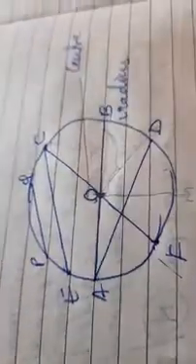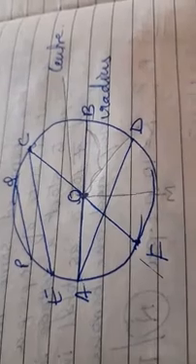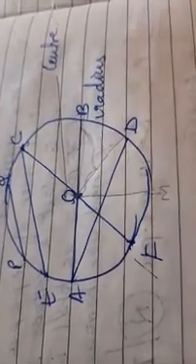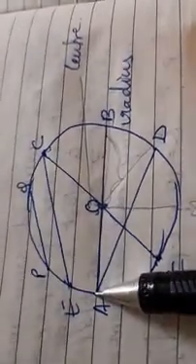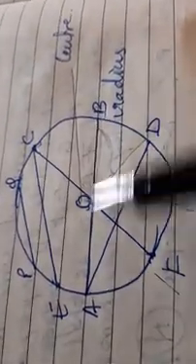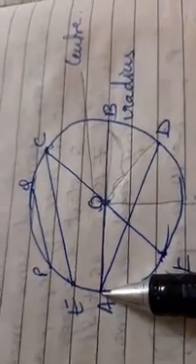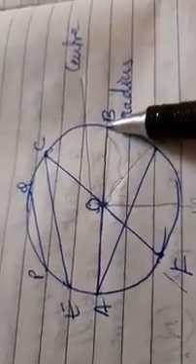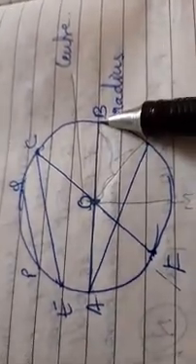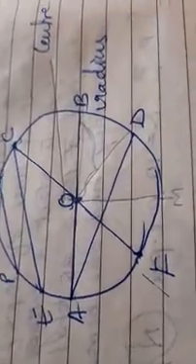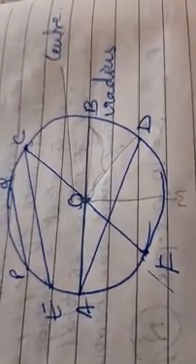So you can take chords PQ, EC, AD and FC. AB also, because they are also joining two points of the circle, point A and point B. So AB also.